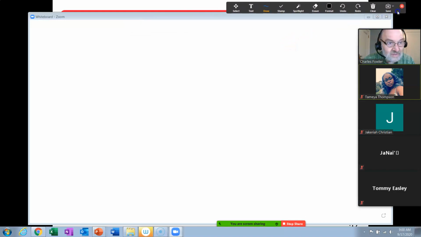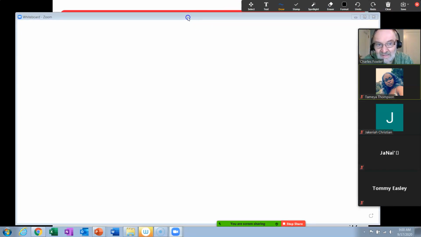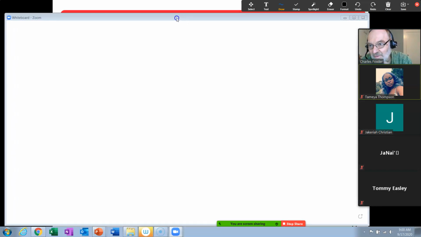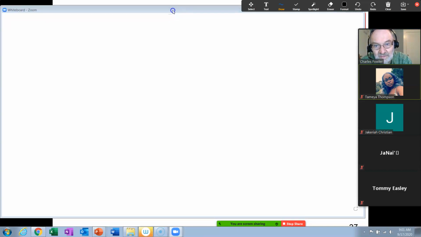You can't see it, but I've got to get it out of the way. My whiteboard is not the most convenient place for it because it's underneath your names from Zoom. These programs ignore each other and they don't always coincide well. Okay, so I've moved that. You probably couldn't tell I did anything.